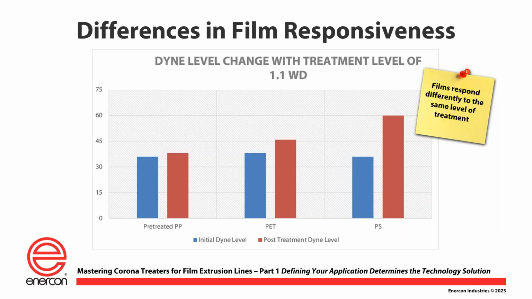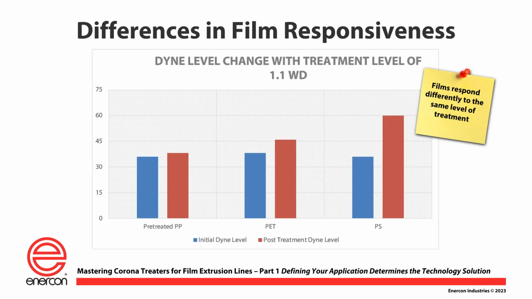So when you have different substrates, and this is a common mistake people make, it's not intuitive, right? Different films respond differently to power. So this slide here, its purpose is to illustrate this to you. We have a pre-treated polypropylene, we have a polyester film, and we have a polystyrene film.